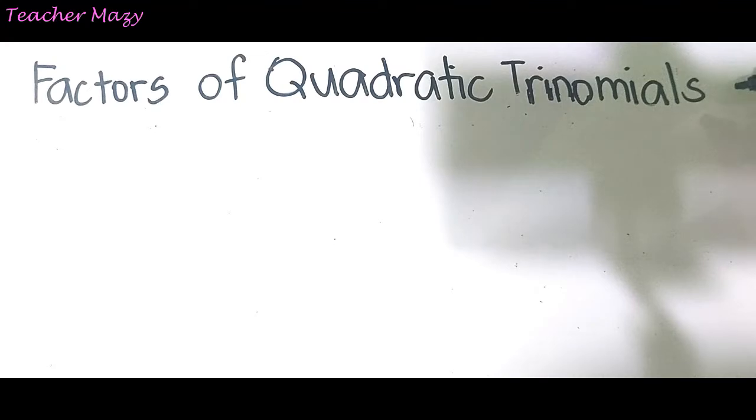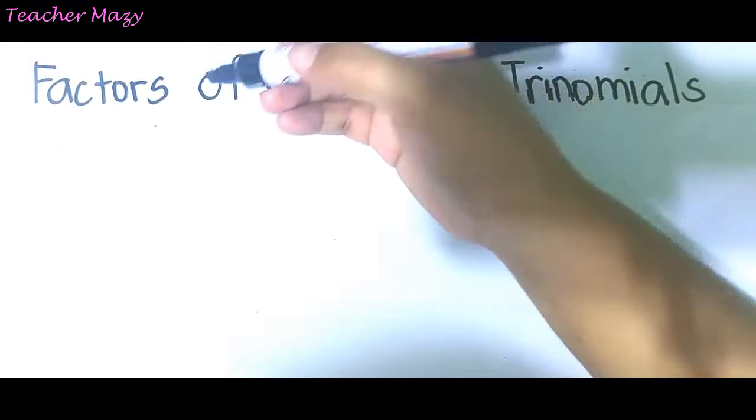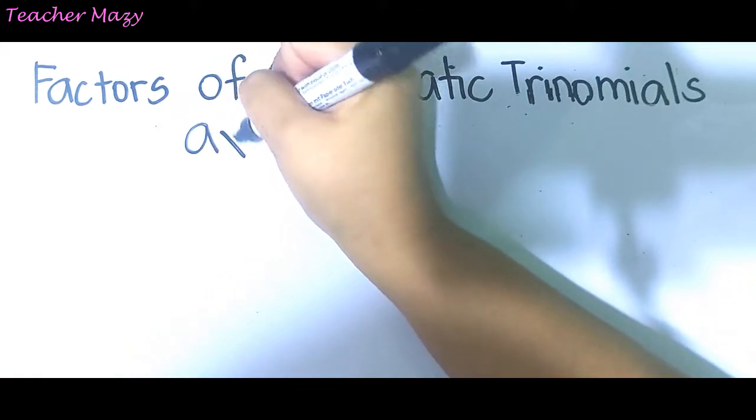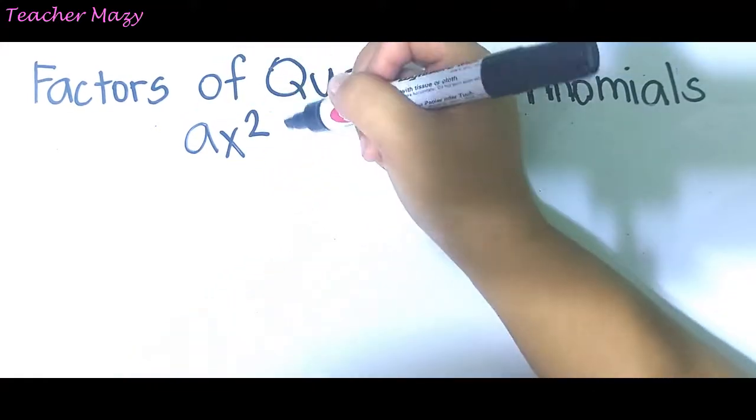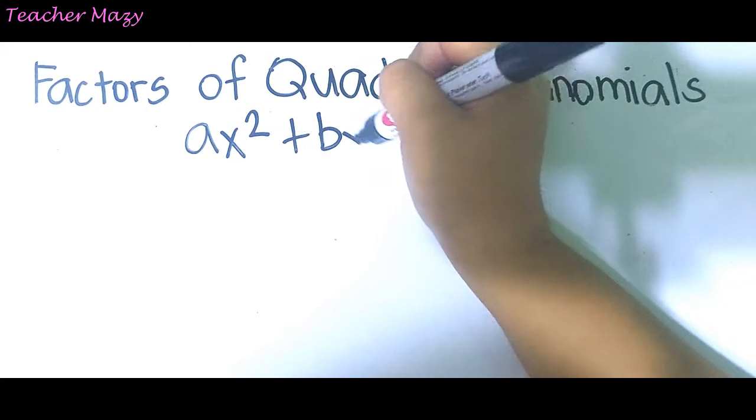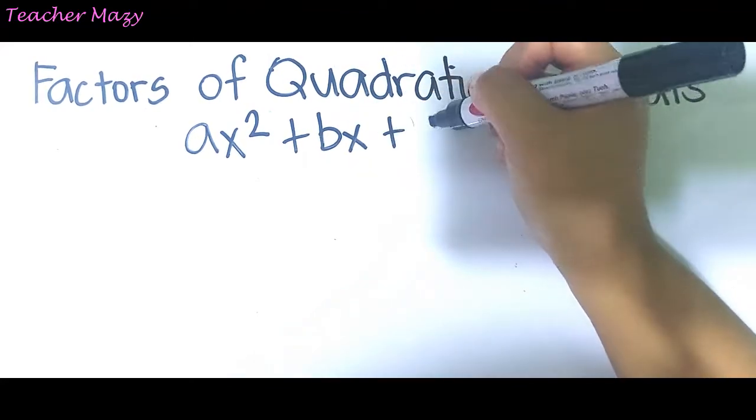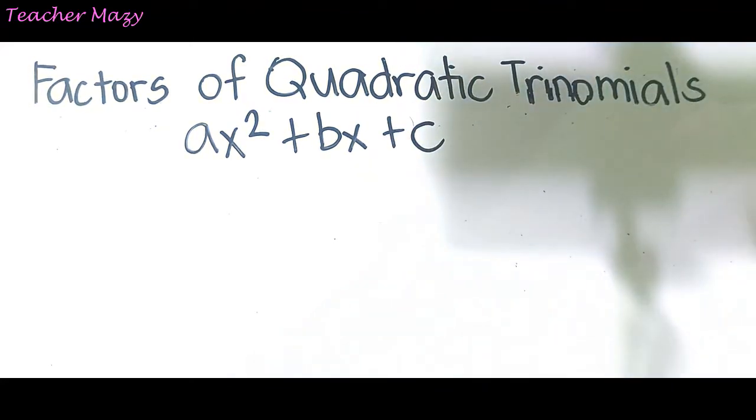Let's find the factors of a quadratic trinomial in the form ax squared plus bx plus c. This is the second form of a quadratic trinomial.